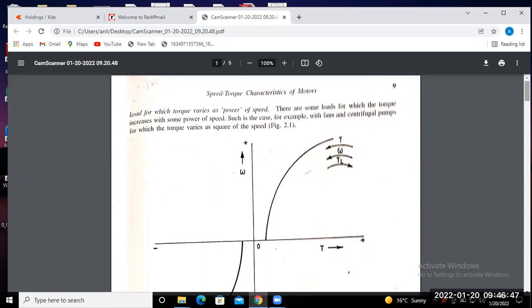So for motor selection or their speed, we will discuss some types of load. So types of load, can you give me any example, say fan load characteristic, speed torque characteristic, how they can relate?